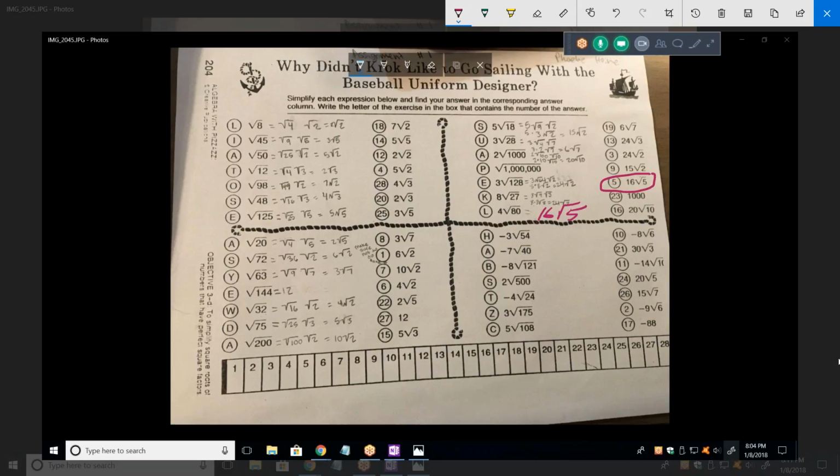So 5 goes with L. Now let's look at H. You can always take the number that's in front of the radical sign and just hold it there for a little bit, and let's simplify the radical sign. So let's go over here and simplify that.